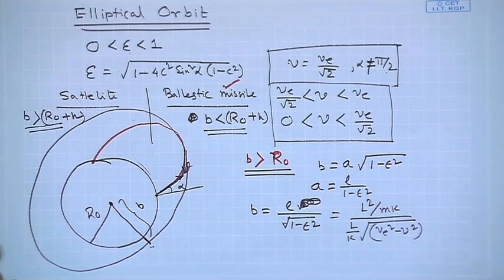If we do that, and if we do this reduction at the end, this k will cancel out. Okay.